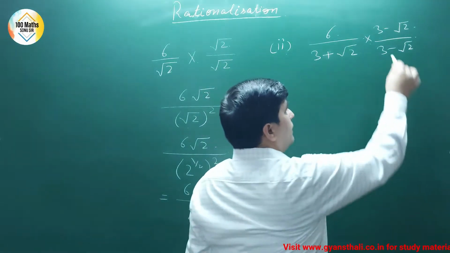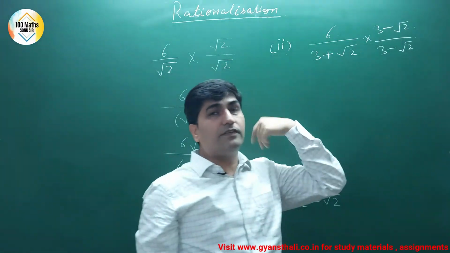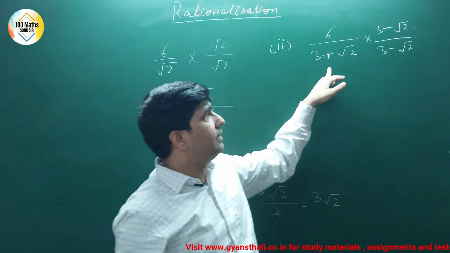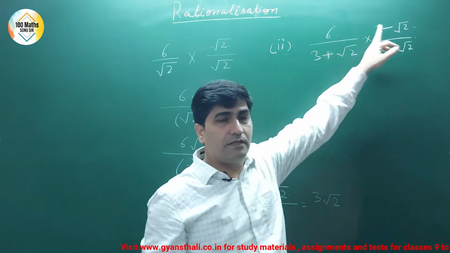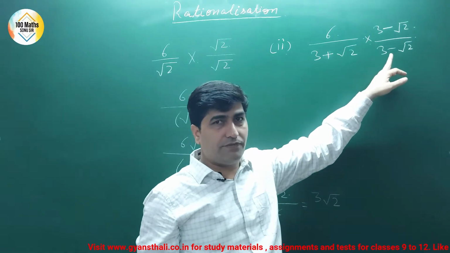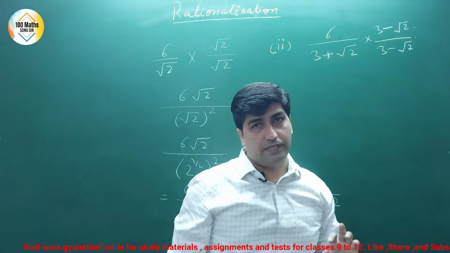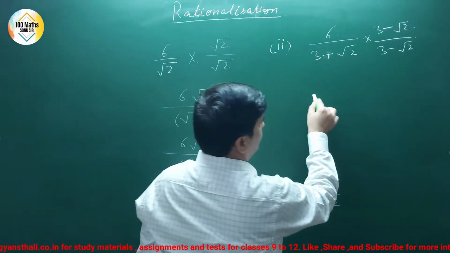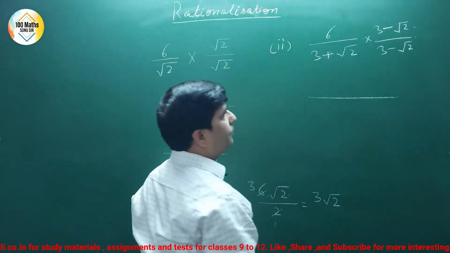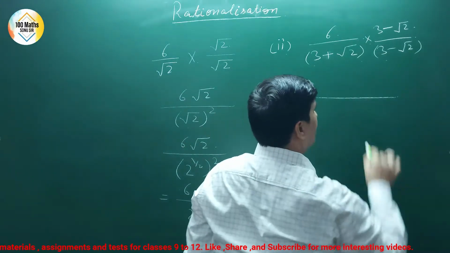If suppose the denominator is containing negative sign, then its rationalizing factor will be having positive sign. So change this sign. If it is plus, take minus in the rationalizing factor. If it is minus, take with positive sign. Now, what is coming in the denominator? Look at the denominator. One factor is this, another is this.